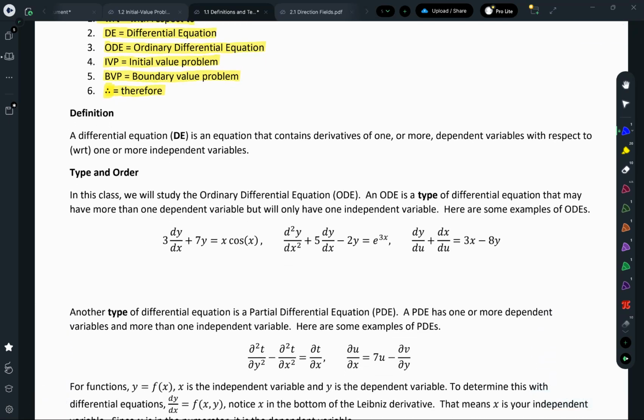A differential equation is just an equation. An equation means that there is an equal sign. And in the equation, we're going to see derivatives of one or more of the dependent variables with respect to one or more of the independent variables. Now, we've been kind of trained to think of y as a dependent variable.